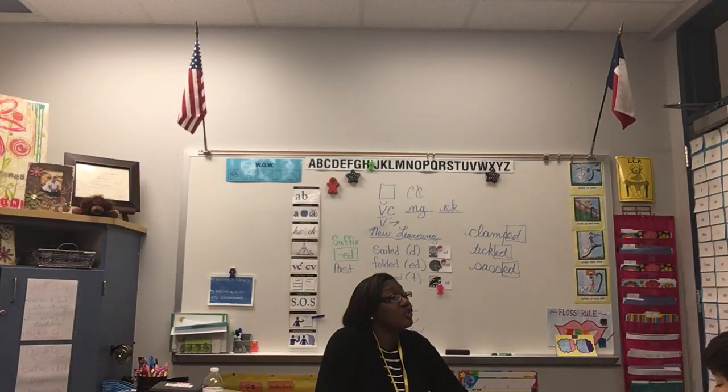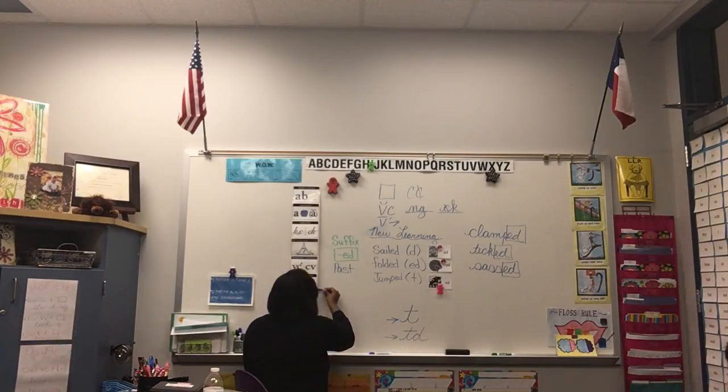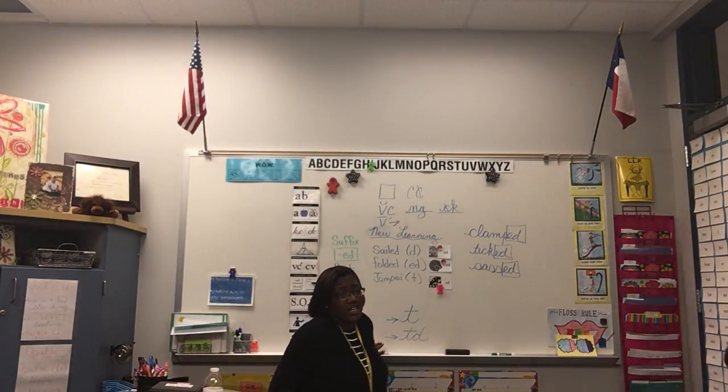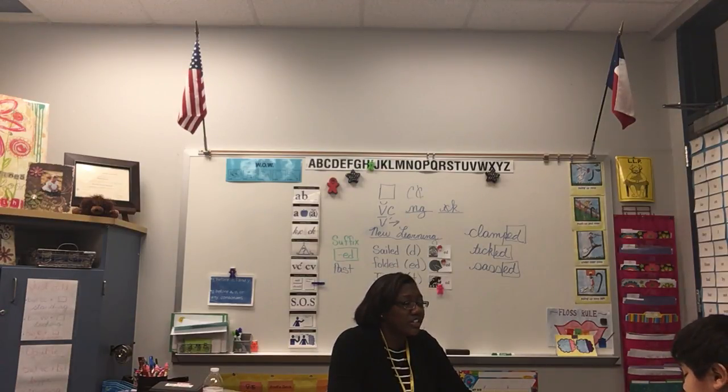Good job. And what approach stroke did we use for T? Swing up, stop. Very good. All right. Good job with your handwriting. Now let's move on to our fluency. It's instant words. Go to your instant words.